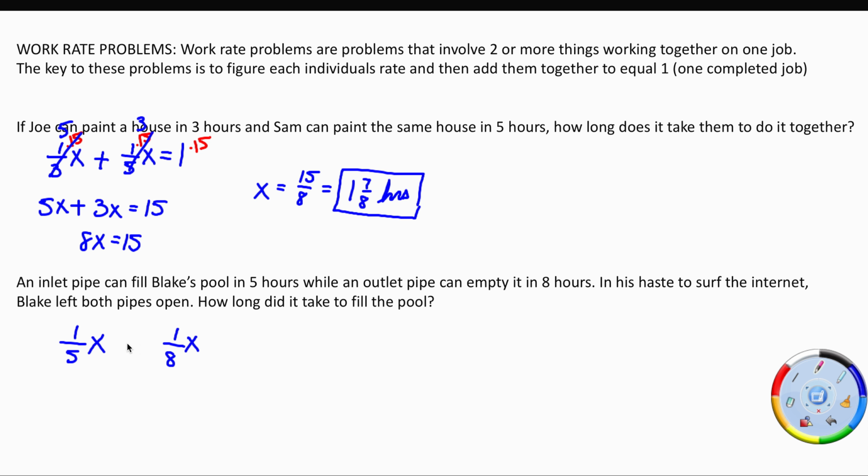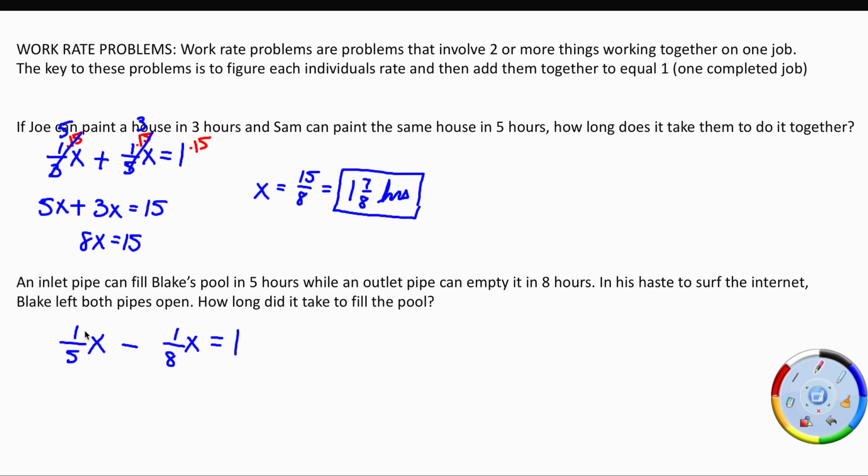You're right, I hope. This time we're going to subtract. If it were saying these two pipes were running into the pool to fill it, then I would add them. But this one's emptying the pool, so I'm going to take that away, but it's still going to equal 1 because I want to know when one pool is full.